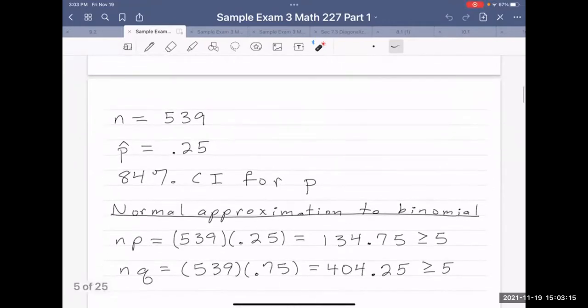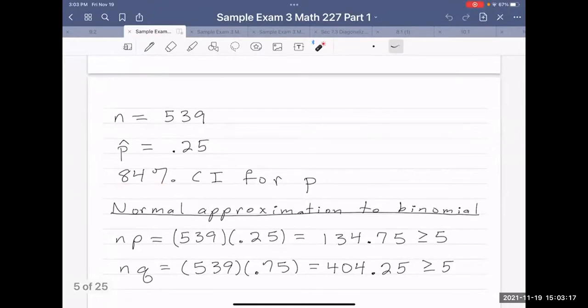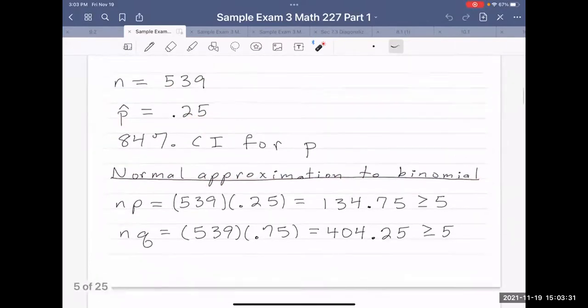So first, in order for us to use the Wald asymptotic method, I have to show that it is applicable. So let's show that the normal approximation to the binomial distribution, this is a binomial distribution, is applicable.